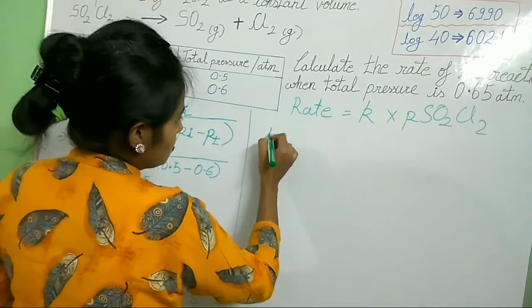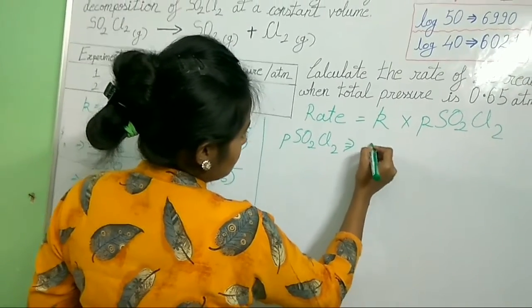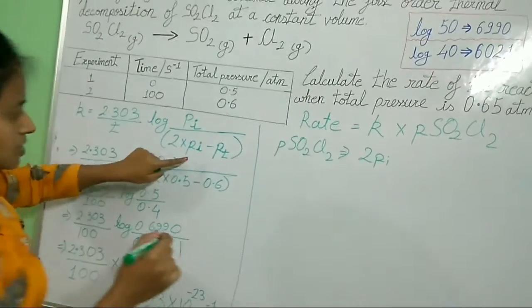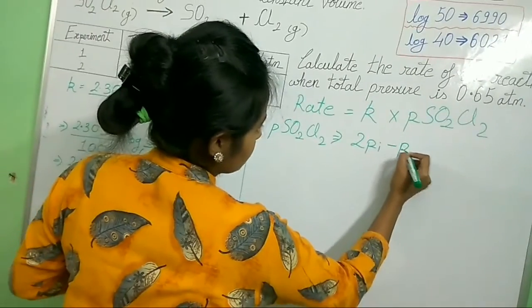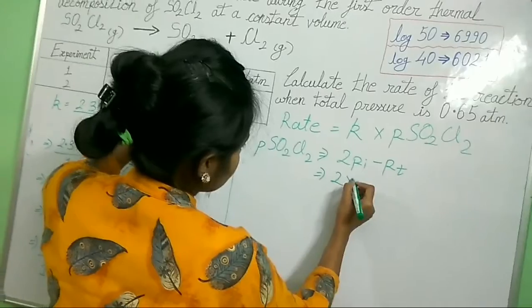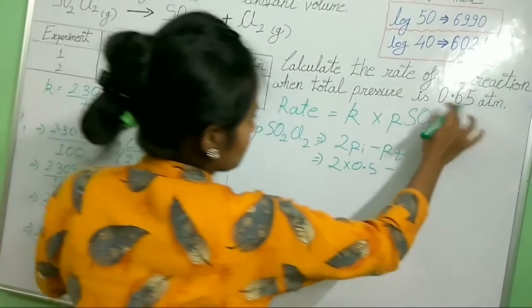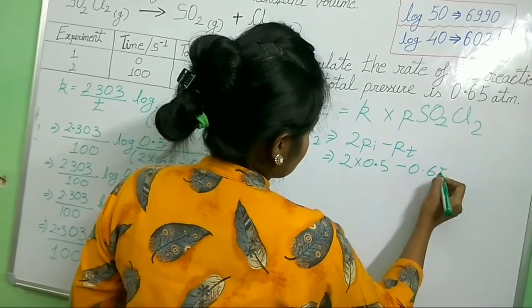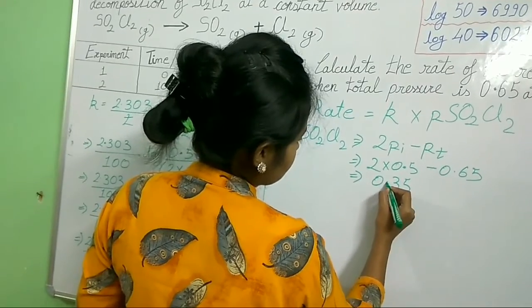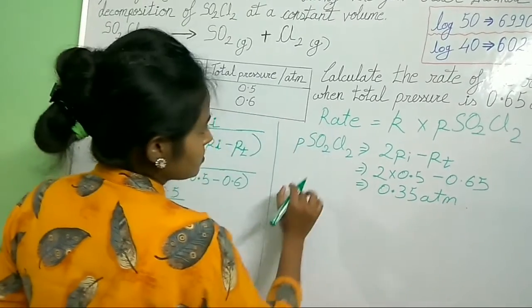So, pressure of SO2Cl2 will be 2 Pi minus Pt as given here. So 2, what is the initial pressure? 0.5 minus Pt, what is given in the question? 0.65. So if you calculate this, 0.35 atmosphere would be the pressure of SO2Cl2.